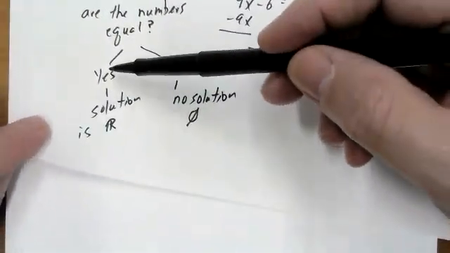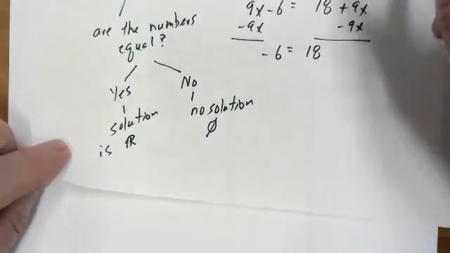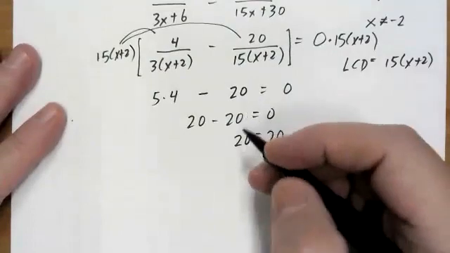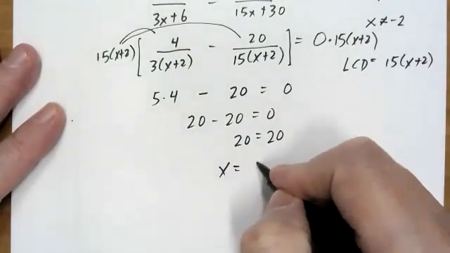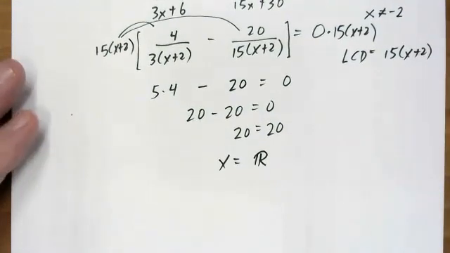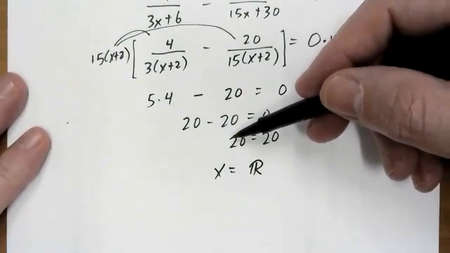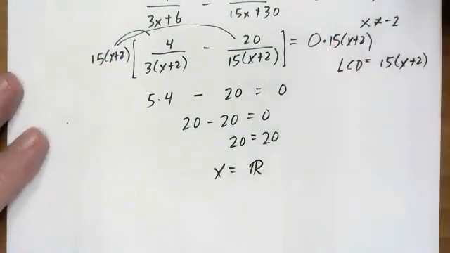The two numbers I'm left with are the same. So according to what we've talked about before, you would write down x equals all real numbers. In other words, when your variables disappear and the numbers you have left are the same.